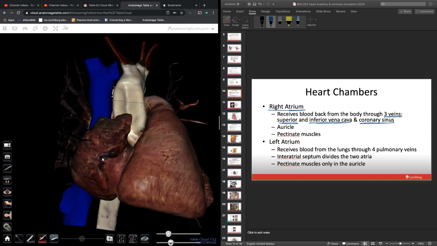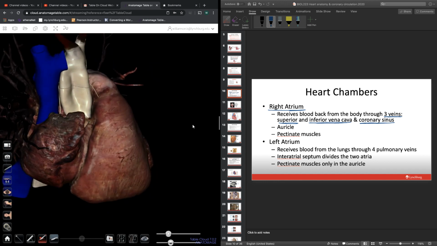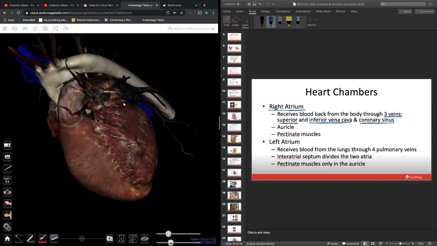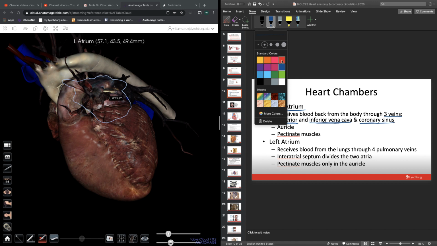Now, the left atrium is a receiving chamber as well. If we turn around and look at the left atrium, we can see that it's going to receive blood as well. If we take a look at those vessels, I'm going to highlight this in red because the left atrium is receiving blood from the lungs.